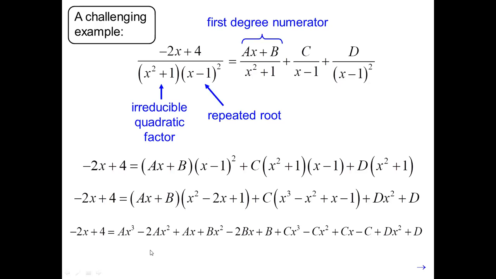You have x cubed minus x squared plus x minus 1. And you have x squared d. Did I copy everything correctly? I'll go back to our solution.